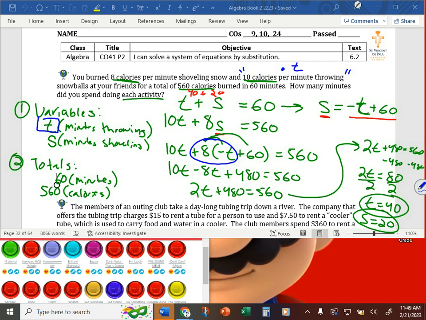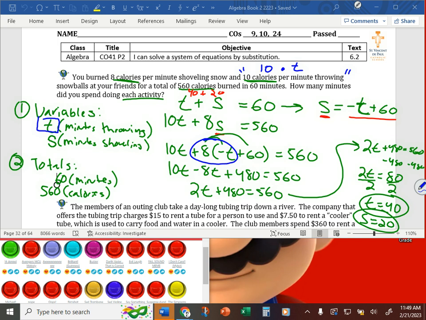And then 10 times t. If you spend 2 minutes throwing snow, you burn 20 calories. If you spend 4 minutes throwing snow, you burn 40 calories. You're going to take whatever t is and multiply by 10 to get the number of calories burned. So the 10 came from this phrase here, 10 calories per minute throwing. Now we got 10 times.